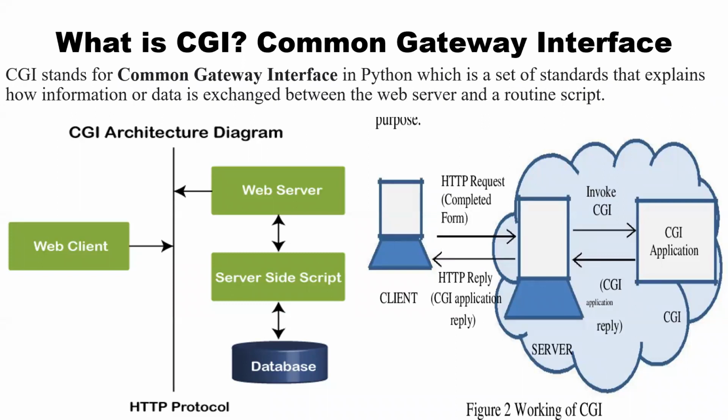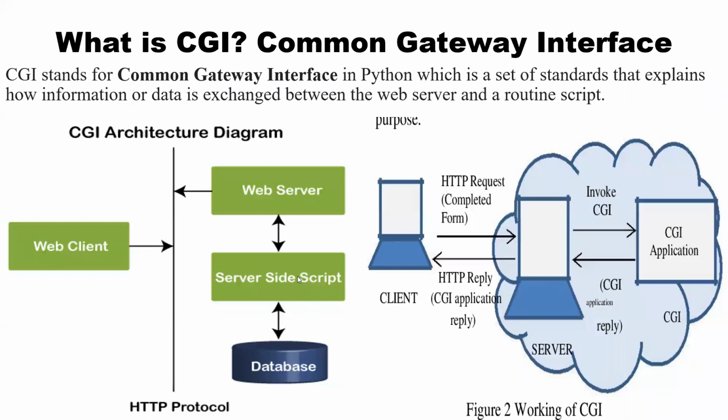It is immediately given to the web client. Now, when server side scripts are there, the process will be done with what is available in the database. So that's why the web server will be communicating with the database.